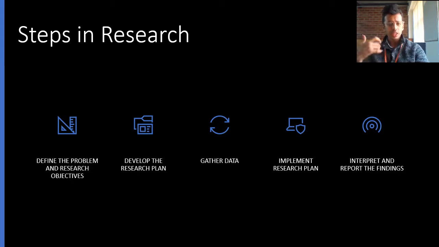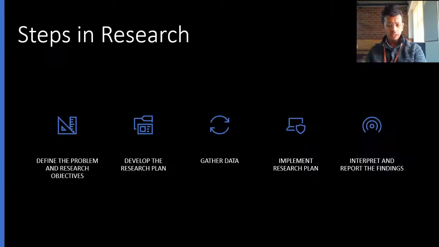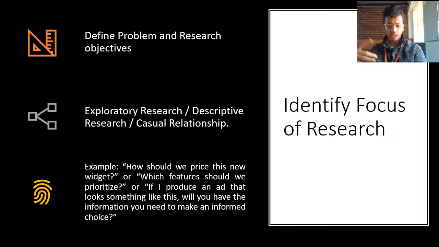Followed by this, let us get back to the first step and look at each step and how it works. The first step is defining the problem and research objectives. We need to find out where exactly our research lies. We need to find out what sort of research we are doing as well. It could be exploratory research, descriptive research, or causal research.